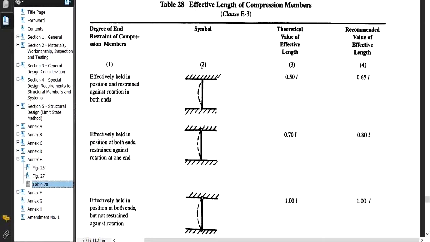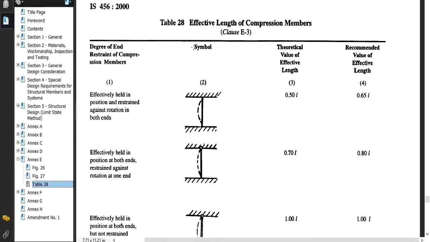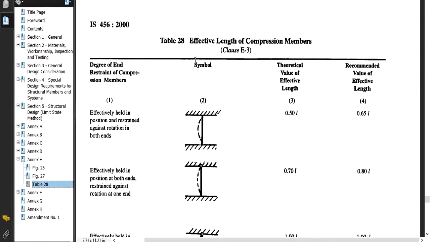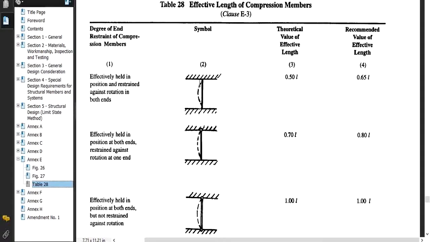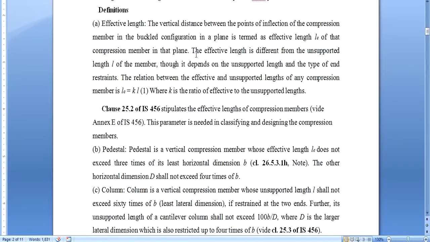Effective length is given in Table 28 of IS 456:2000, in Annexure E. In Table 28 you are going to get the effective length for different types of supports. Okay, so this is the effective length.